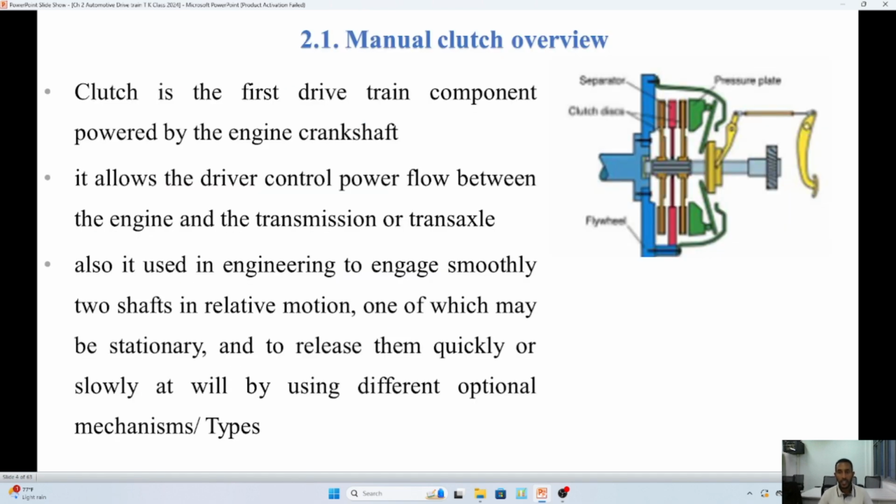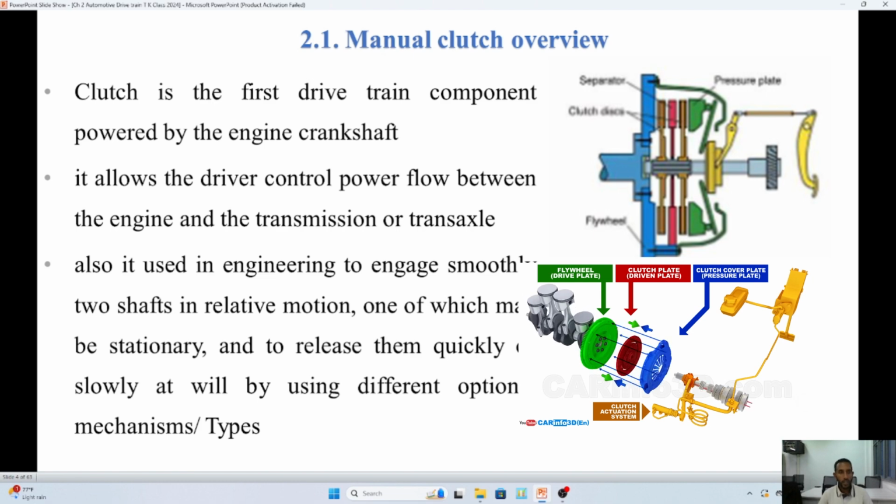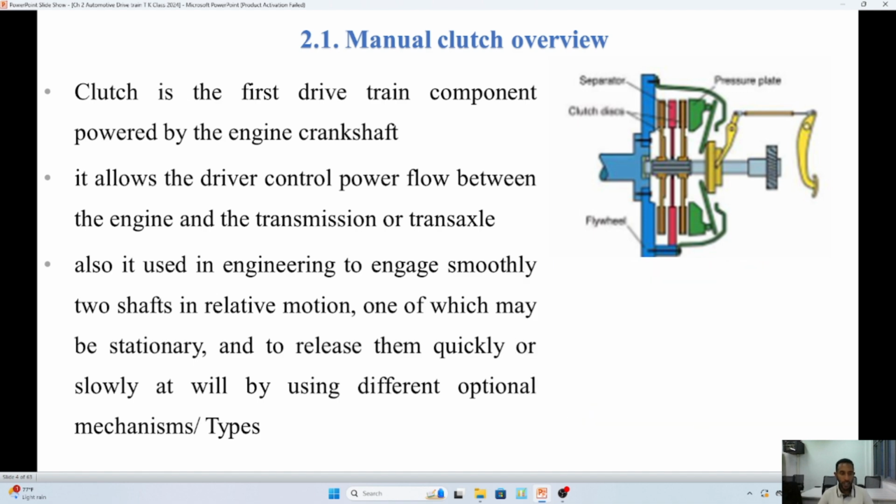When you see the manual clutch overview, as you observe on the right side of the picture, the clutch is the first drivetrain component which is powered by the engine crankshaft, or gains power from the engine crankshaft, and it will transfer it to the gearbox, which means the transaxle or transmission. It allows the driver to control the power flow between the engine and the transmission or transaxle, in FF arrangement, which is front engine front wheel drive, for transaxle, and for transmission vehicles it is used in front engine rear wheel drive arrangement.